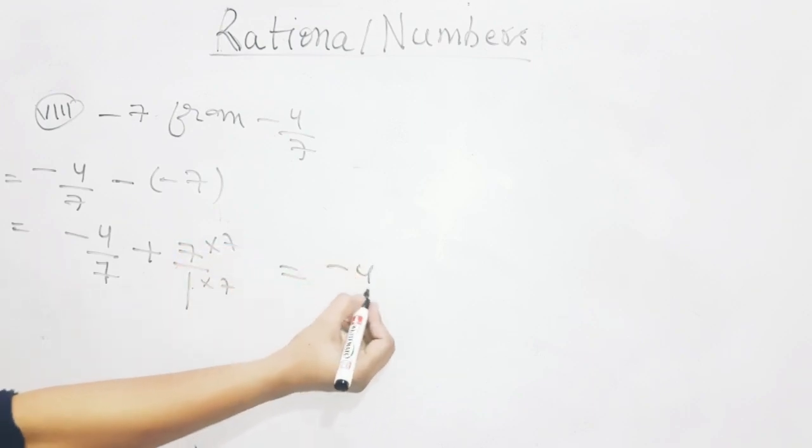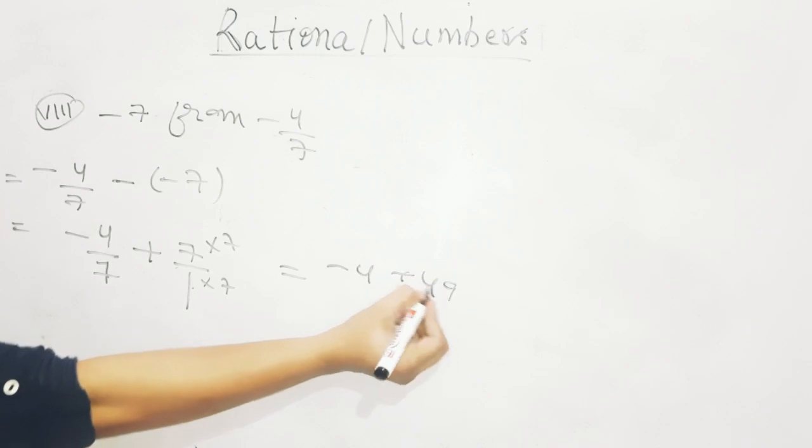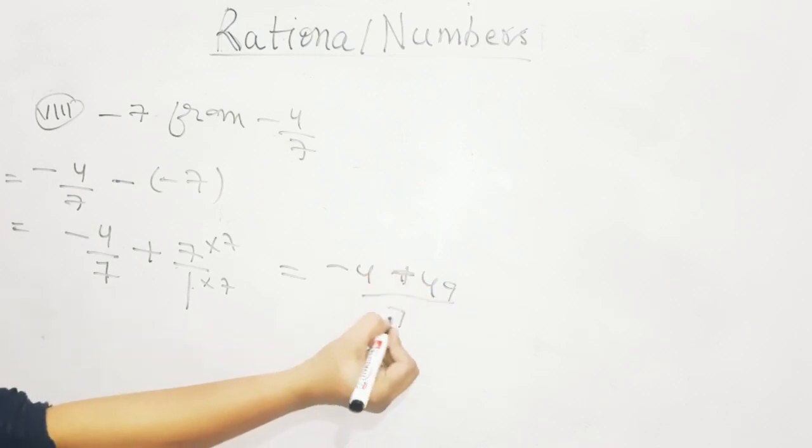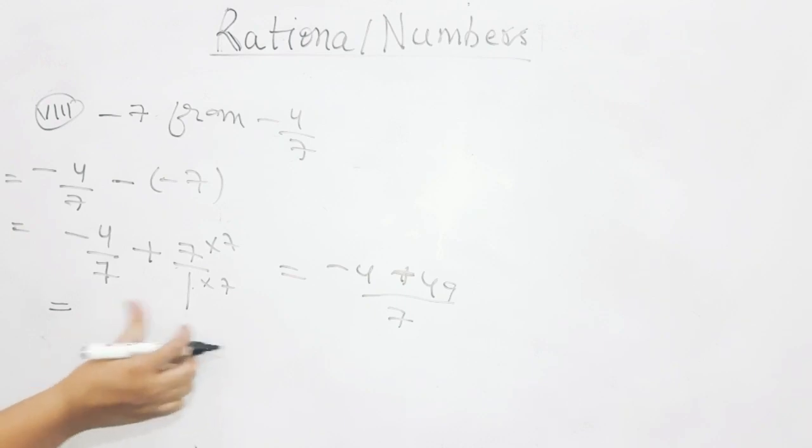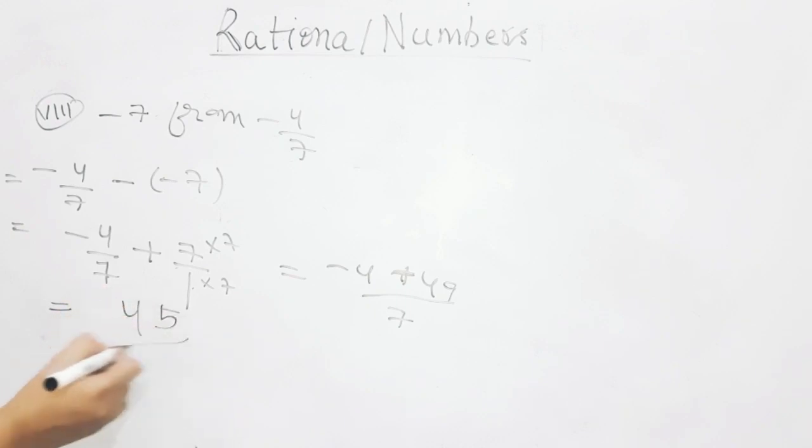So the next step will be minus 4 plus 49 upon 7. Now 49 minus 4 is 45 upon 7, because the greatest number has a positive sign, right? So now we have done option number 8 also. Coming to option number 9.